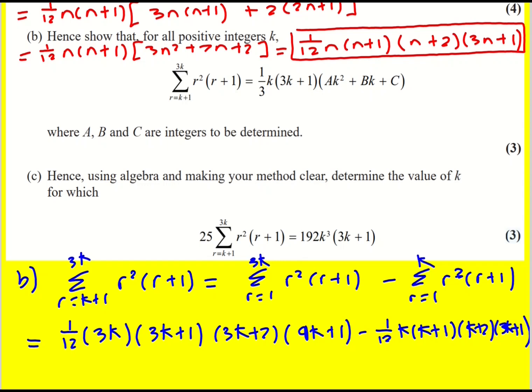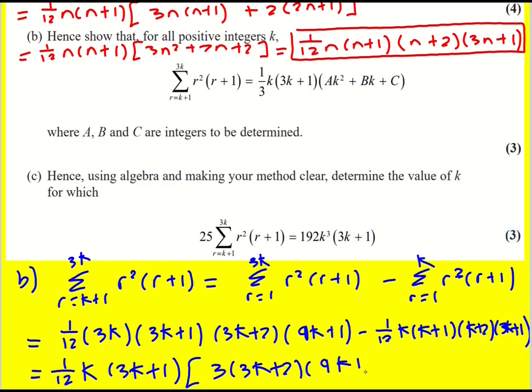Again, keep an eye on the answer, but in any case, we can see there's a common factor of 1/12, there's a common factor of k, and there's a common factor of 3k plus 1. So then I'll be left with 3 times (3k plus 2) times (9k plus 1) minus, then it would be (k plus 1) times (k plus 2).